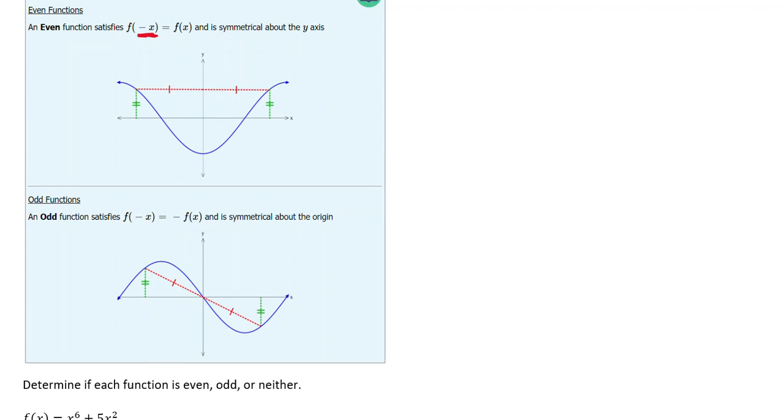Now, if we look at odd functions, f of negative x is equal to negative f of x. Just for a second, drop the negative. If this were negative f of x is equal to f of x, then our function would have looked like this, the same on both sides of the y-axis. But it's not.